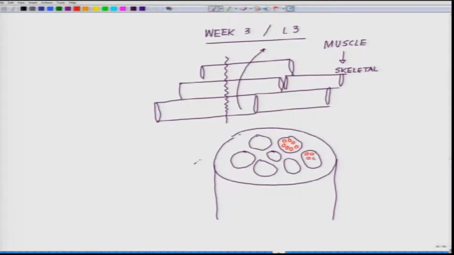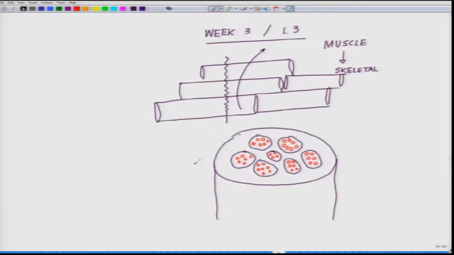We will come to what terminologies are used, and from there we will go further down into the molecular players which help in generation of force. So, this is how it looks.